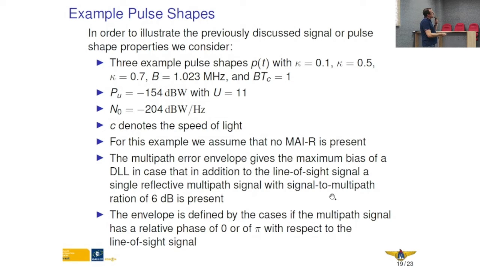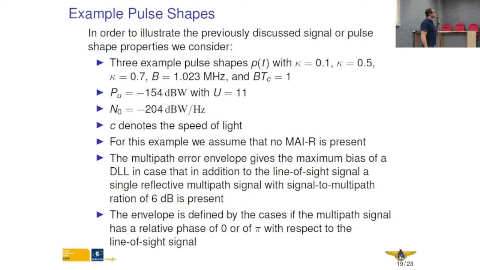In this case, we have additive components to the line-of-sight signal, and the reflected signal has a power 6 dB below the direct signal.